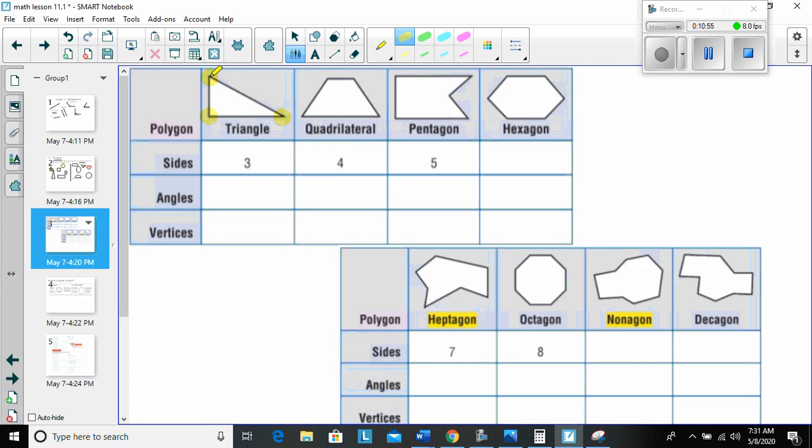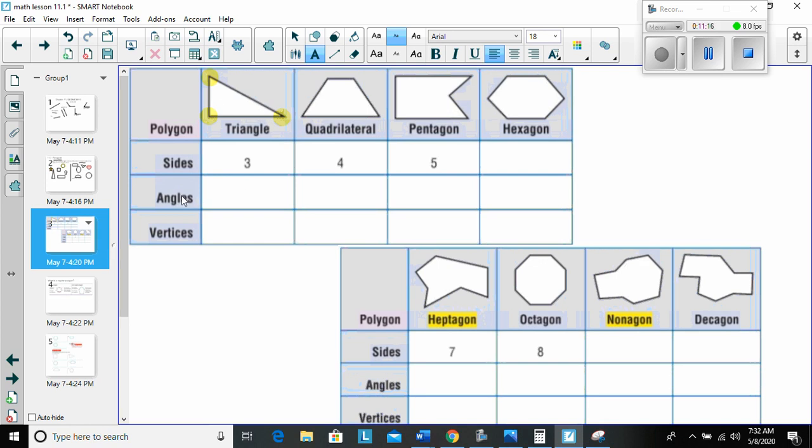Since this has 3 line segments and 3 spots where they meet at vertices, we call this one a triangle. A triangle has 3 sides, and when we say sides, we're referring to the line segments. This is a side, this is a side, and this is a side.